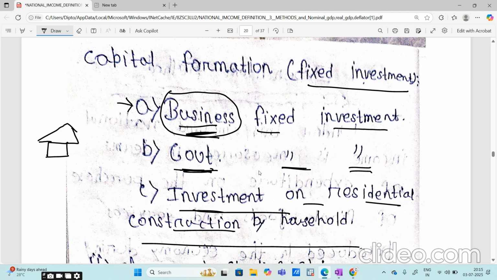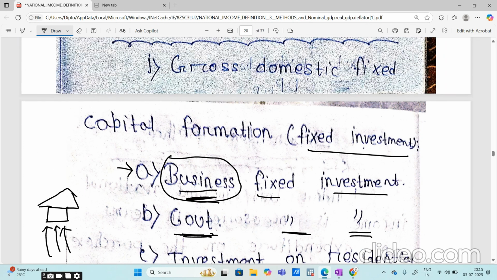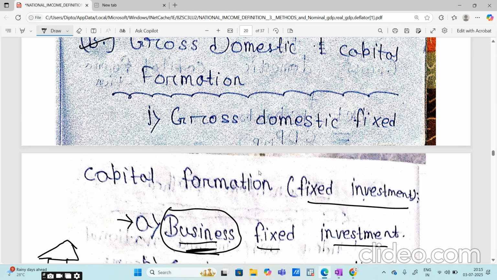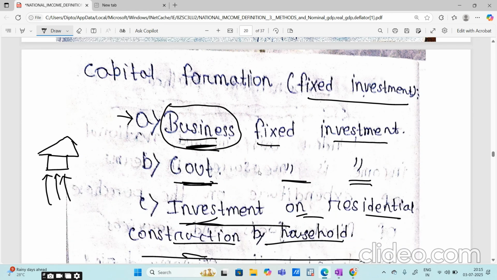Whatever investment I am doing to construct my house, and obviously I will live in that house, is basically investment on residential construction by households, and that is also a part of the gross fixed capital formation, just like business fixed investment and government fixed investment.